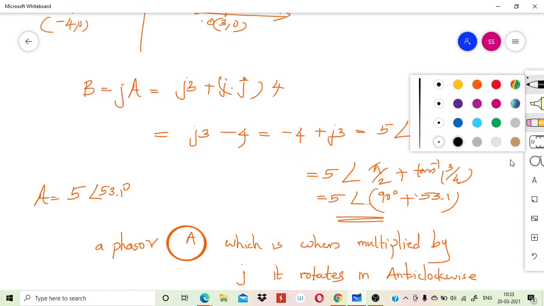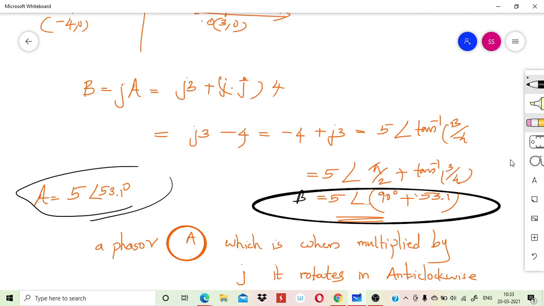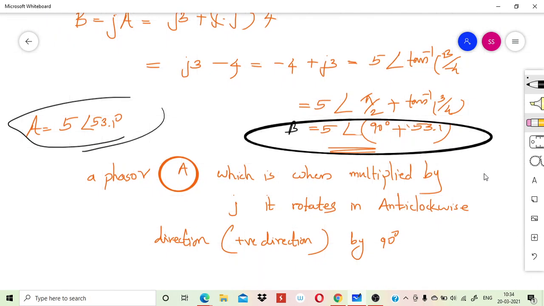If you compare A and B, the conclusion is that the magnitude remains the same, that is 5. On multiplying by the operator j, the magnitude is not changed, but the phase angle got changed from 53.1 degree to 53.1 degree plus 90 degree.